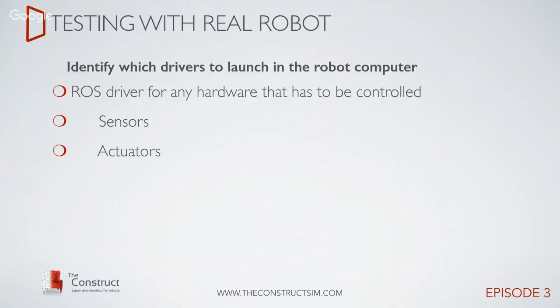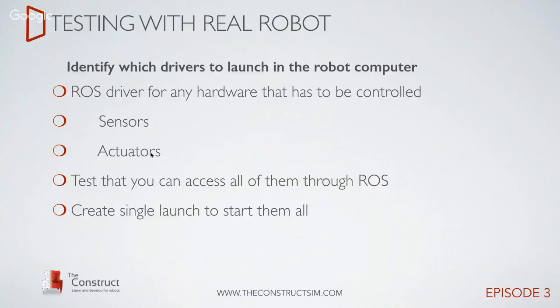So the sensors, the laser, the Kinect, the sonar, IMU, whatever, and the actuators, the wheels, the joints, the grippers, whatever you have there as actuators. Then you have to test that you can access all of them through ROS. This is mandatory first, before you can test anything. This is the basic thing that allows your ROS programs to access the sensors and actuators. So identify, for your robot hardware, which ROS drivers you need to launch, and test them.